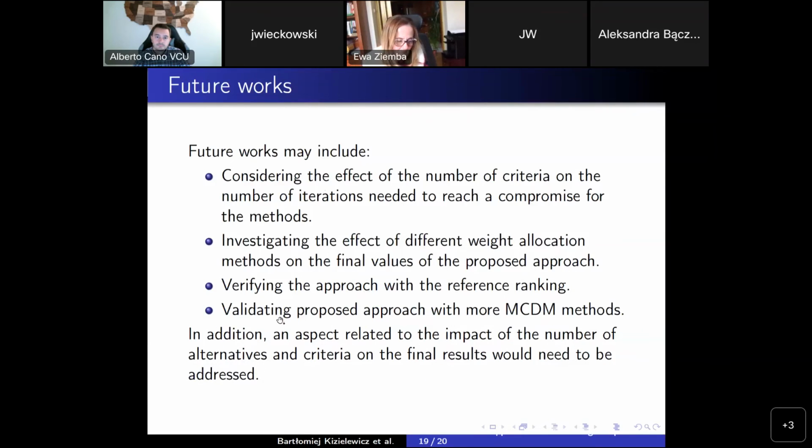And moreover, because we have plenty of MCDA methods available, maybe more of them should be engaged to perform such an evaluation to check if the compromise solution would be achieved as quickly as in this study case.